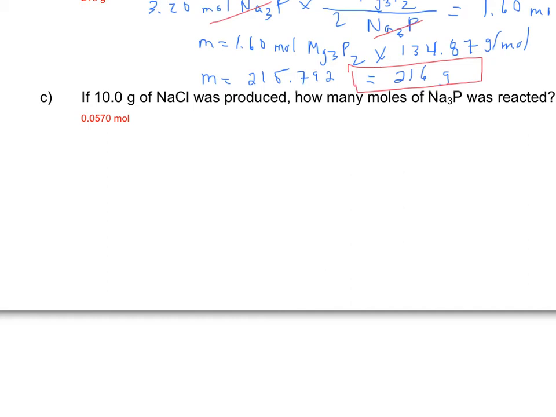Here's the answer for example C. I'm given 10.0 grams of sodium chloride being made and asked how many moles of Na3P was reacted. Before I can convert into Na3P, I need to change my mass into moles using the mass equals moles times molar mass equation.